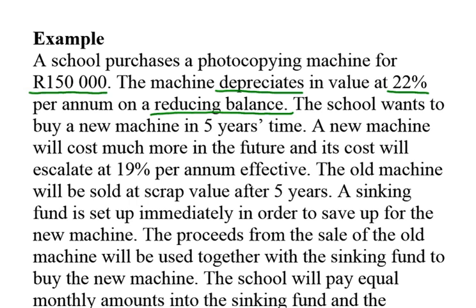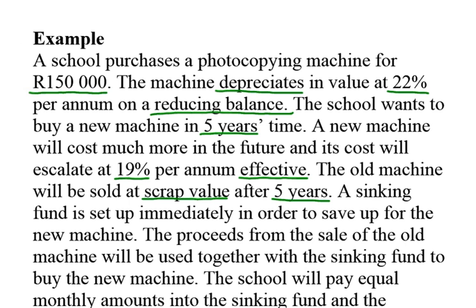Now the school wants to buy a new machine in 5 years' time. A new machine will cost much more in the future and its cost will escalate at 19% per annum effective. So it's compounded per year. The old machine will be sold at a scrap value after 5 years.